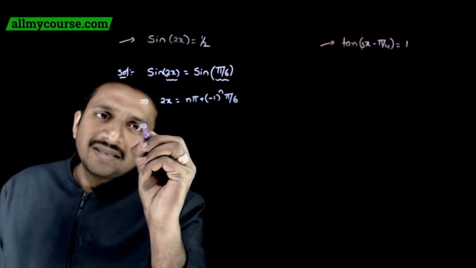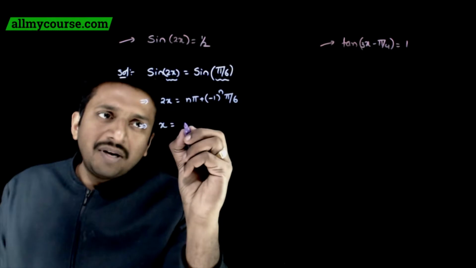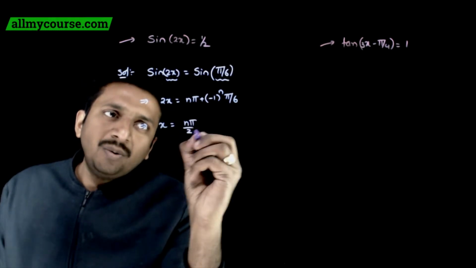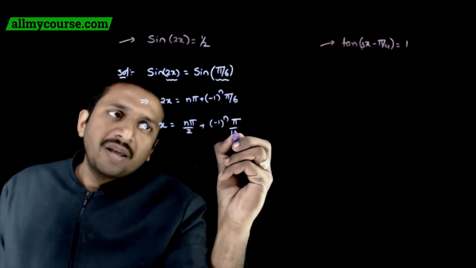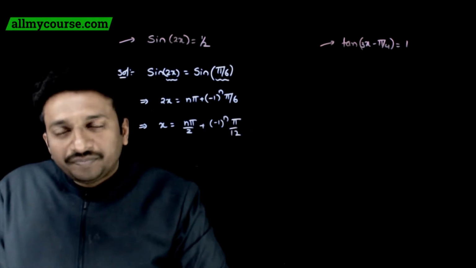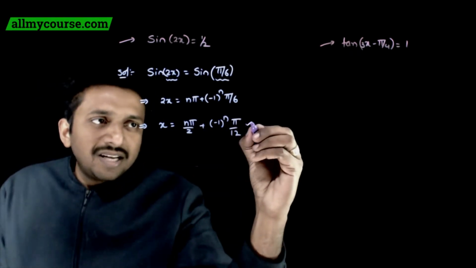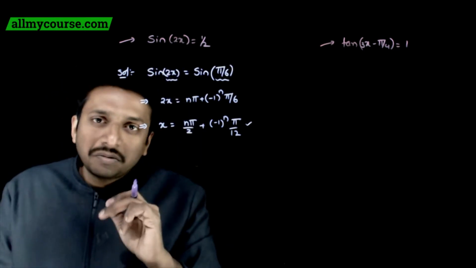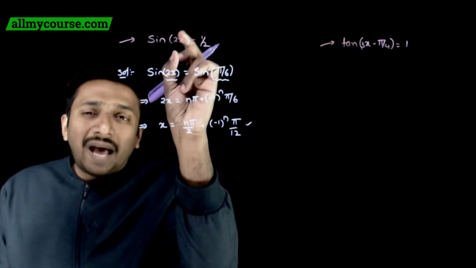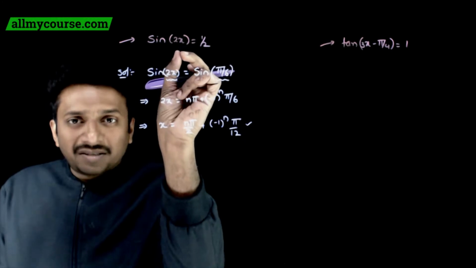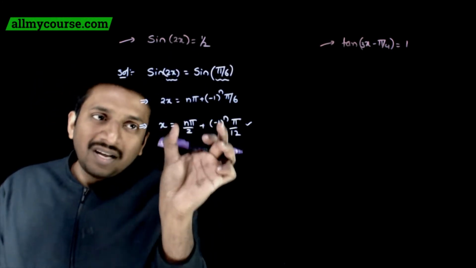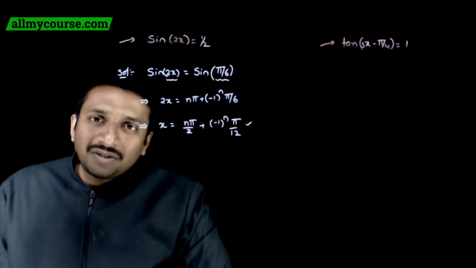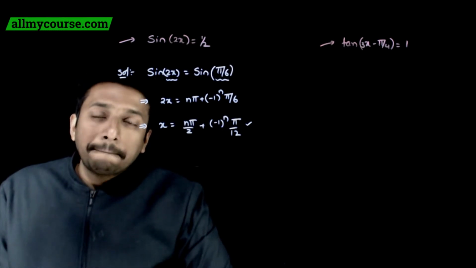So the general solution for x is n pi by 2 plus minus 1 whole power n times pi by 12. So this is the general solution for this equation. If you have something instead of x, you take that as something, write the general solution first, and then get the correct solution for x.